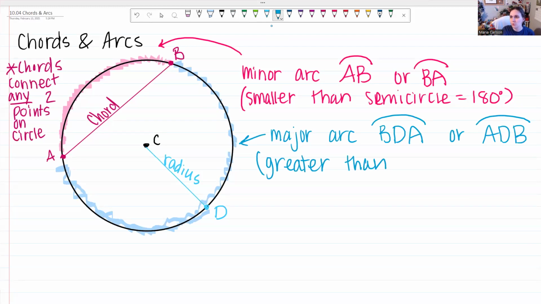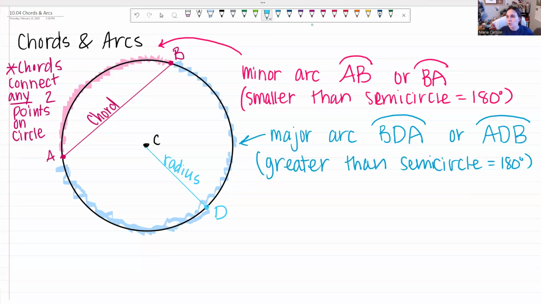But if you have three points, it's more helpful to name your arc by three points versus two if you have two arcs you're looking at. So this is greater than a semicircle, bigger than 180 degrees, which is why it is a major arc.